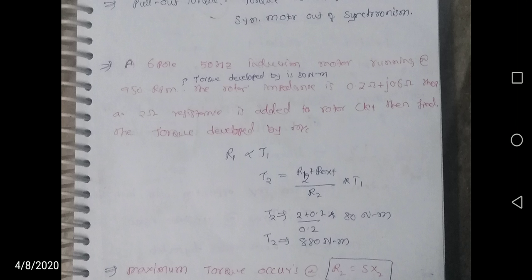T2 equals (2 plus 0.2) by 0.2 into 18, so T2 is 198 Newton meters.